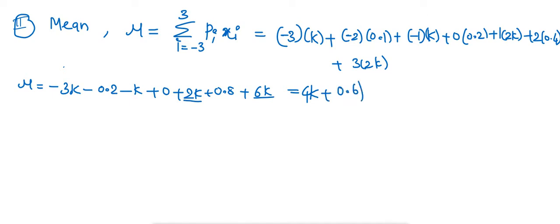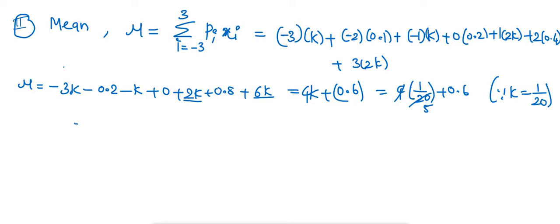This is equal to 4 into k, which is 1 by 20, plus 0.6. 4 ones are 4, 5 fours are 20, since we know from the previous value that k is 1 by 20. This is equal to 1 by 5, that is 0.2, plus 0.6 is equal to 0.8. So here the mean is equal to 0.8.